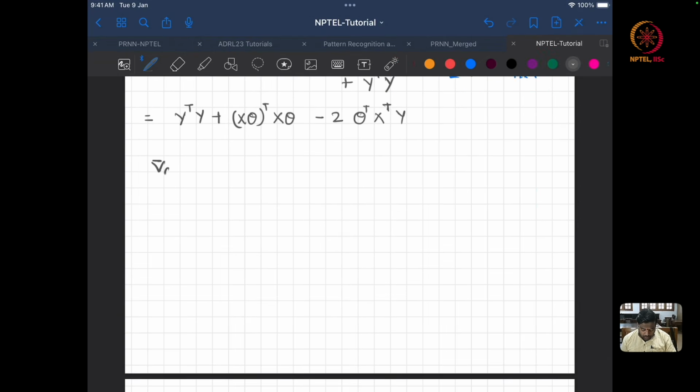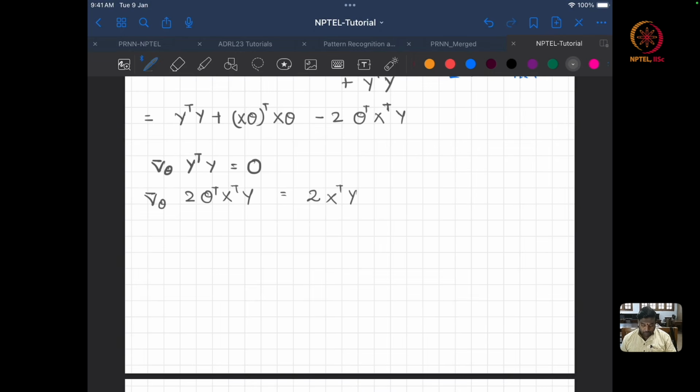Now I have to take the partial derivative. The y transpose y term is independent of theta, so this will be 0. Taking the partial derivative of 2 theta transpose x transpose y, this will be 2 into x transpose y.